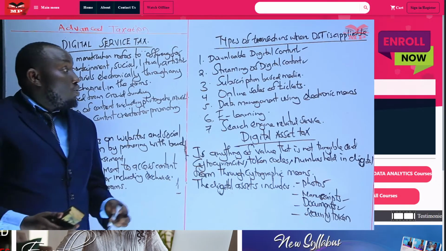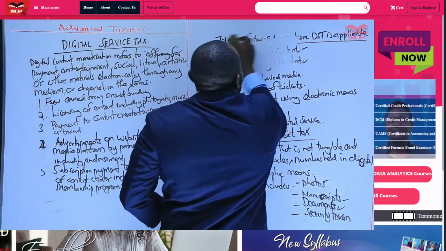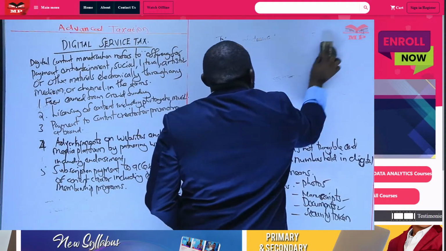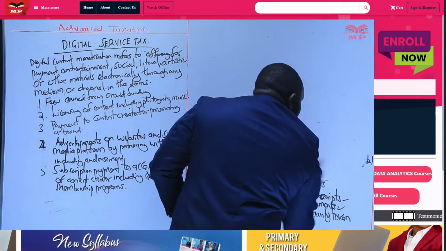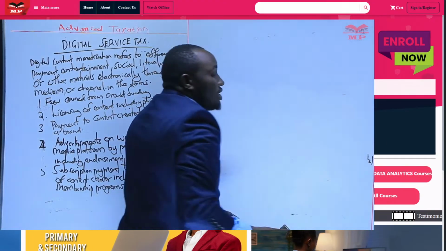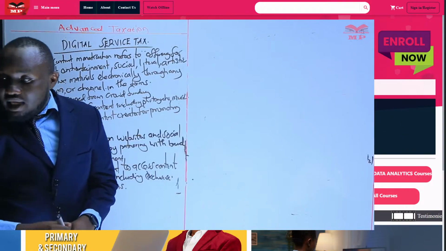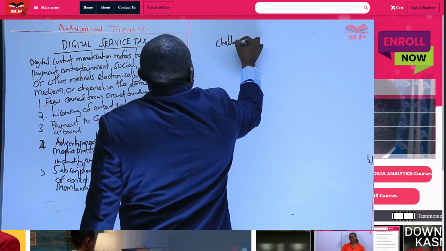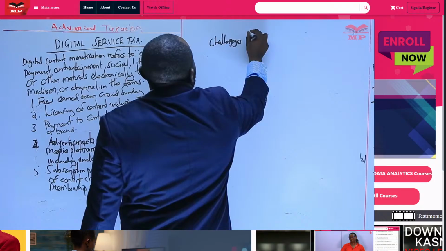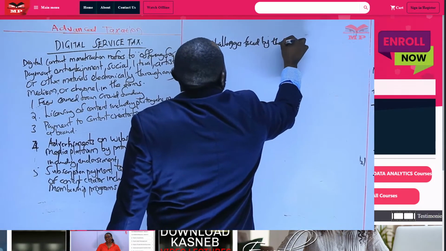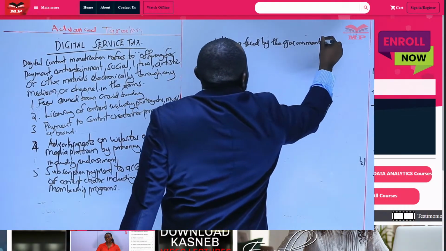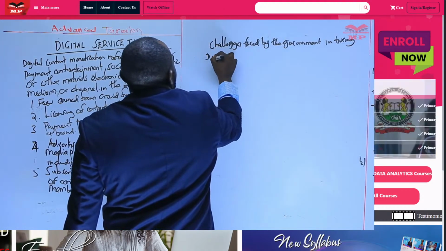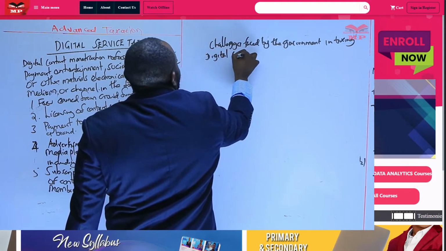Then we go to challenges. A very common question you can be asked is about challenges facing implementation of digital taxes. Challenges faced by the government in taxing the digital economy.